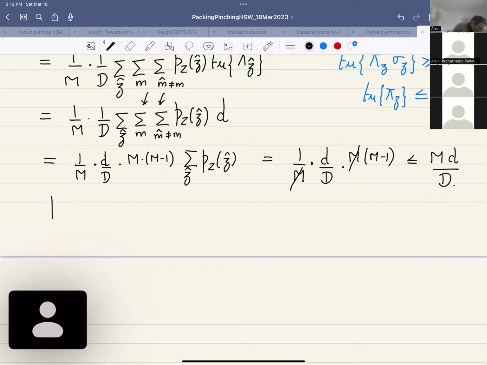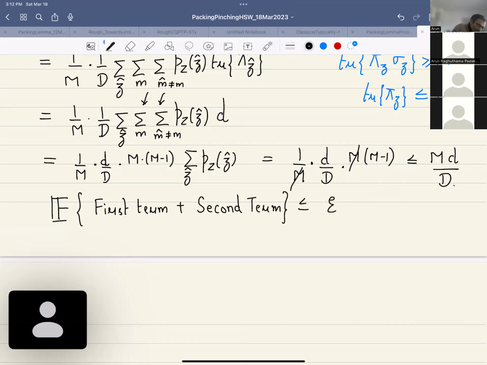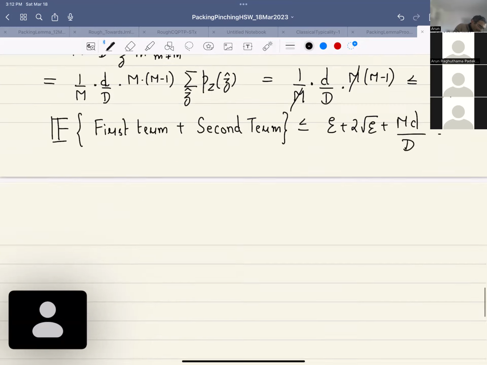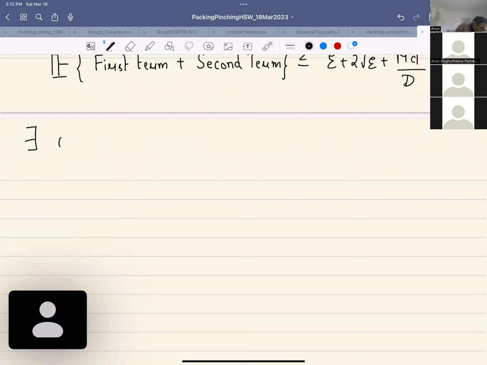So what have I shown? I have shown the expectation of the second term. For the first term I've shown it for every term, so the expectation also has to be less. So the expectation of the first term plus the second term is at most epsilon plus 2 root epsilon plus Md/D. So that means there exists a collection.